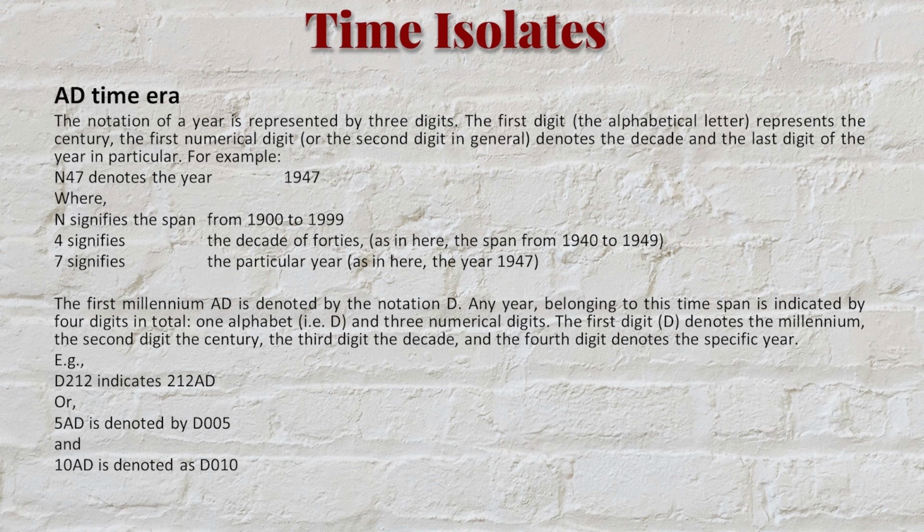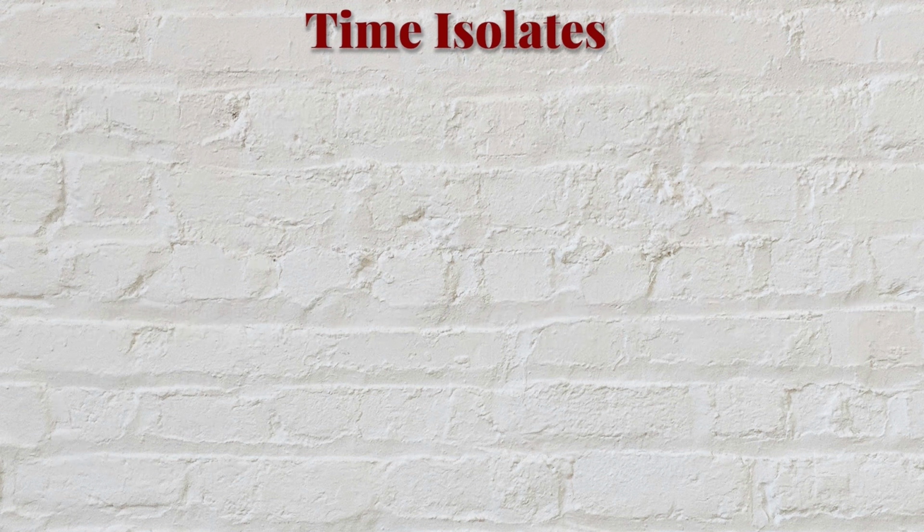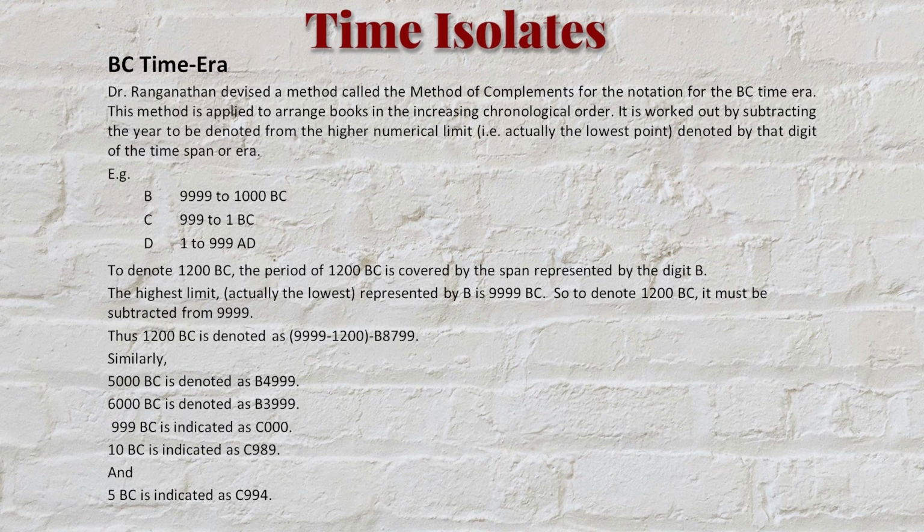Again 10 AD is denoted similarly as D010. Now, how do we assign the BC time era according to colon classification? Dr. Ranganathan devised a method called the method of complements for the notation for the BC time era.